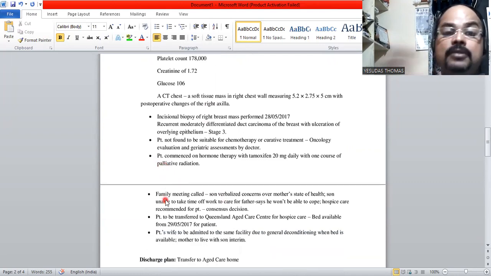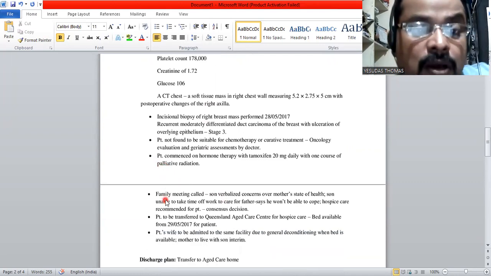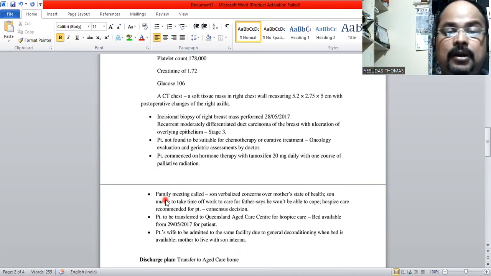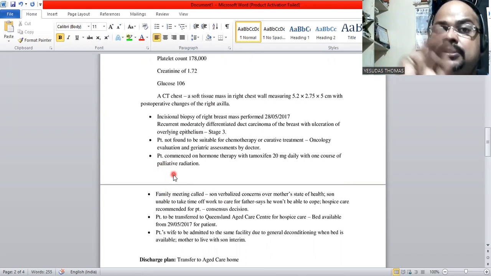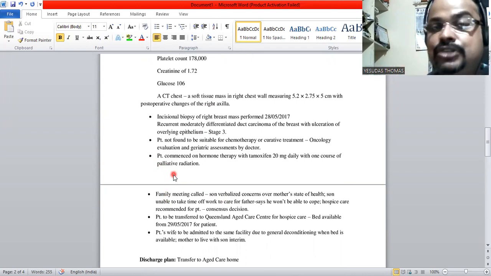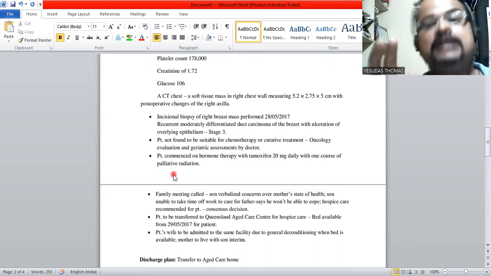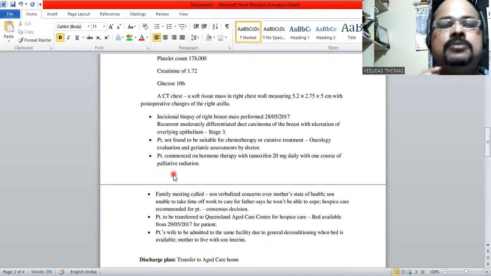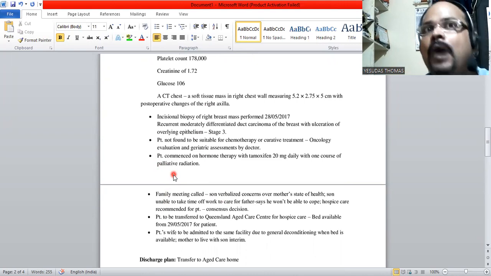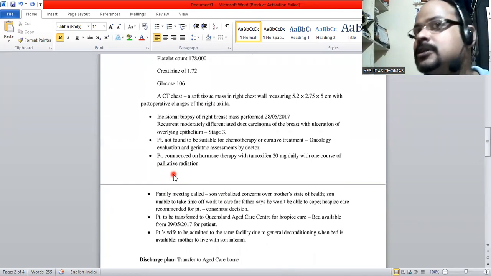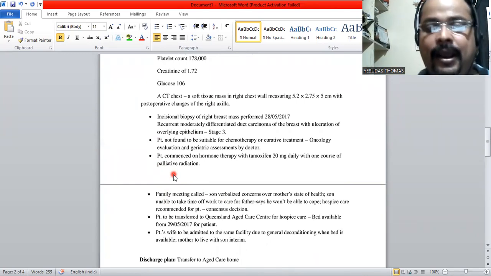Now, these are all the information which we have to give. Up to this point, you have your social history, past medical history, and present medical condition told. Now, I have to say why I am going to transfer this patient to your care.